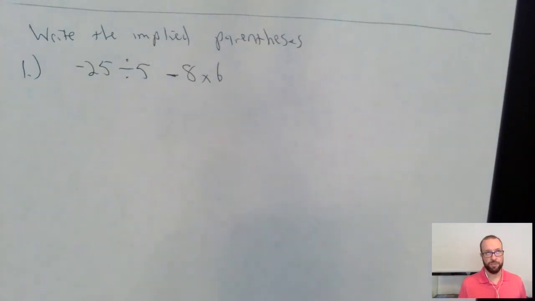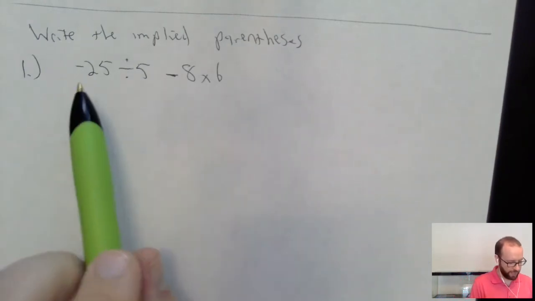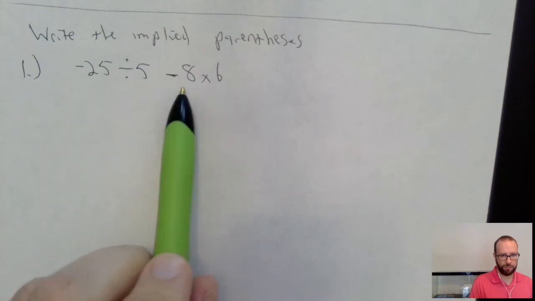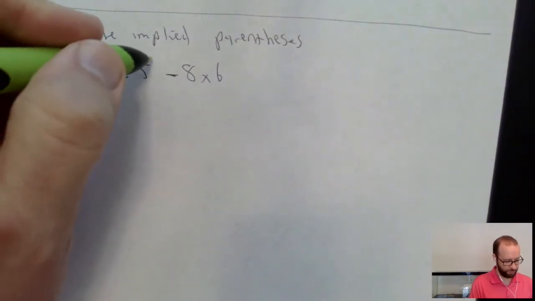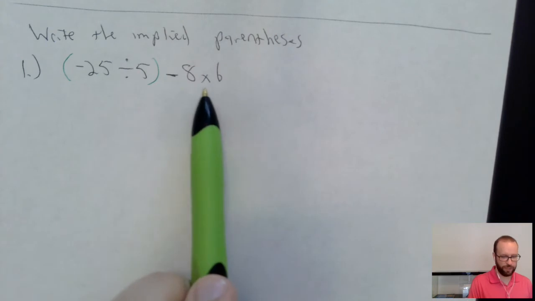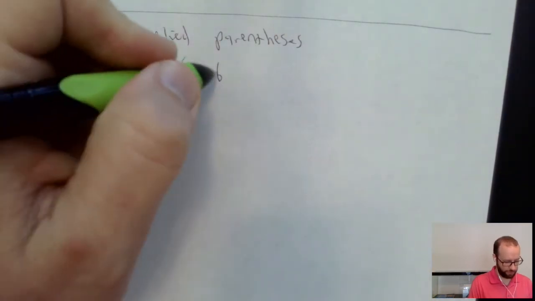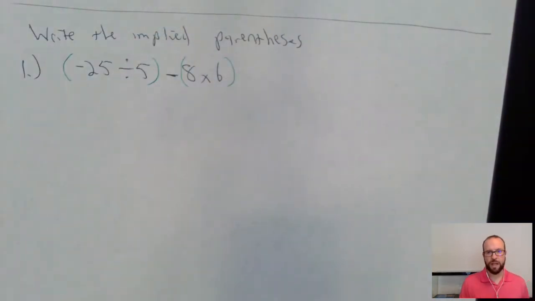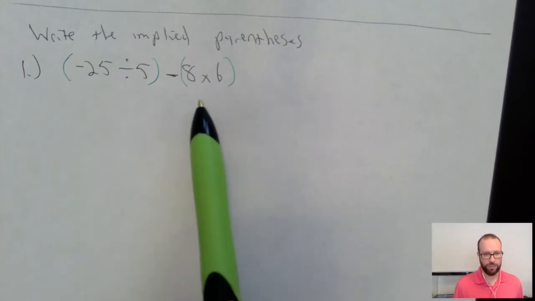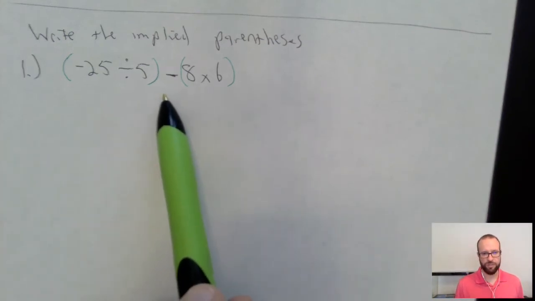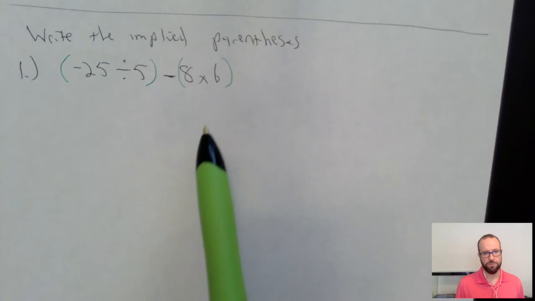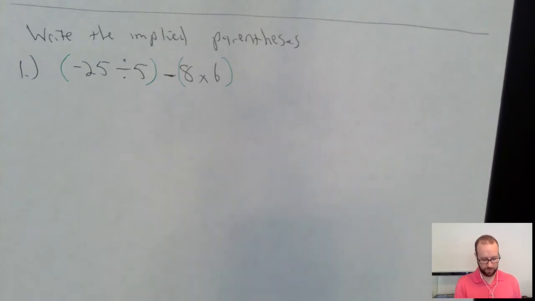Now in the order of operations for arithmetic, we've got grouping symbols, exponents and roots, multiplication, division, from left to right. So I would do this before I do the subtraction, so I'm going to put this in parentheses. And similarly, I do this multiplication before the subtraction, so I put this in parentheses. This calculation has the same meaning with or without these parentheses because we would do the division before subtraction and we'd do the multiplication before subtraction.